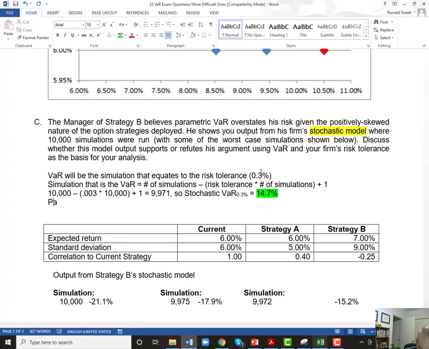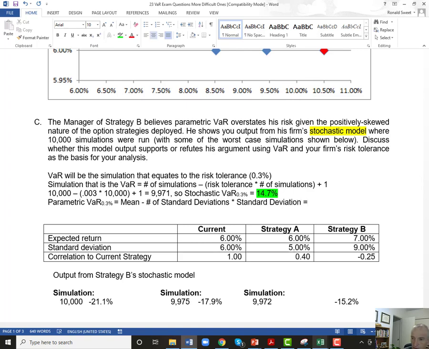So what is their parametric VAR? Well, we've done that a bunch of times now. Hopefully you're getting good at that. So what is that going to be? Remember the formula there that we've used over and over again. It's going to equal the mean minus the number of standard deviations times the standard deviation.